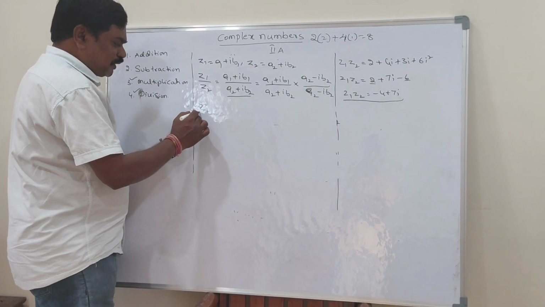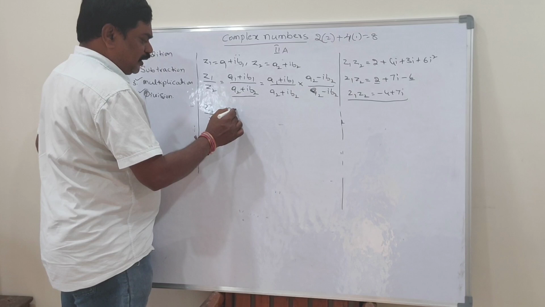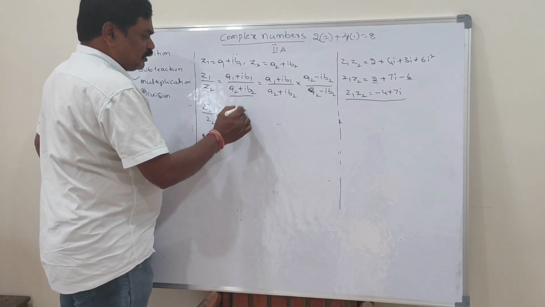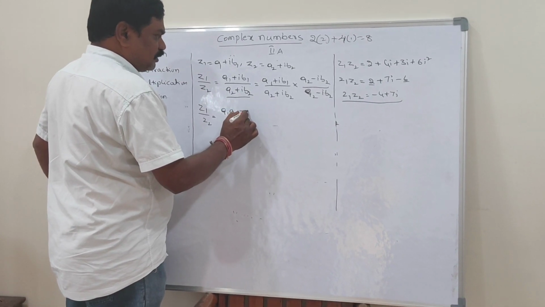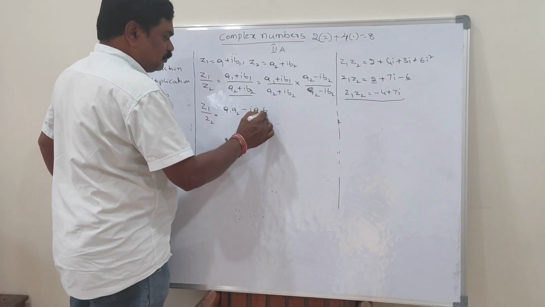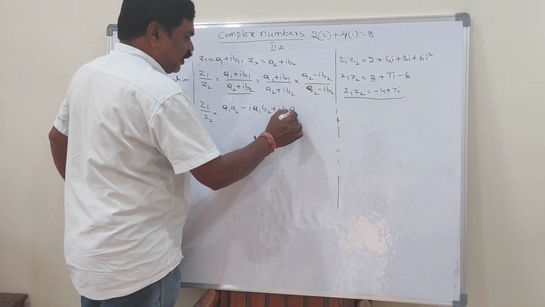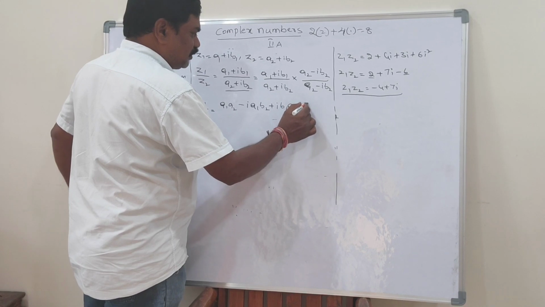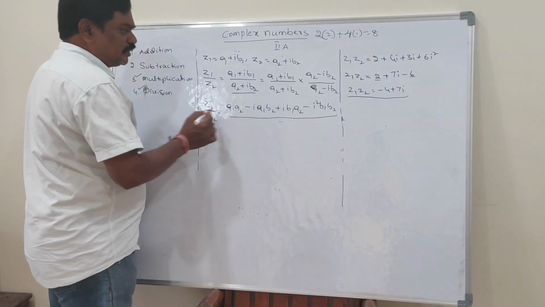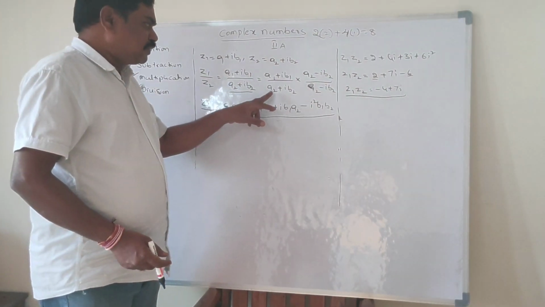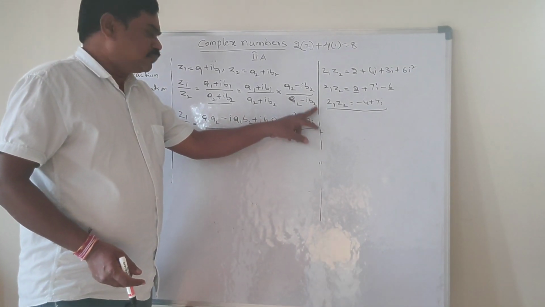Thus Z1 by Z2 is equal to, here, a1 a2 plus a1 into ib1 ib2 minus i into a1 b2, this one plus i into b1 a2, next minus i square b1 b2, by, here you observe this one, (a2 plus ib2)(a2 minus ib2).